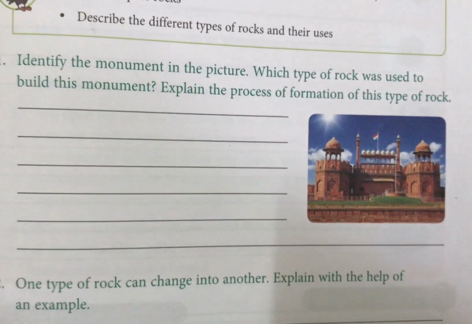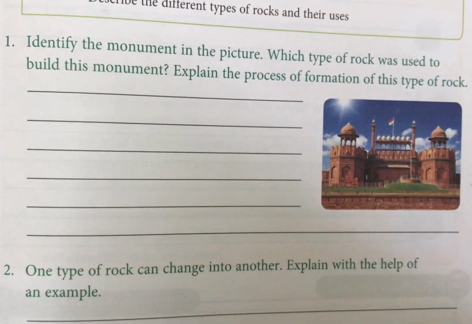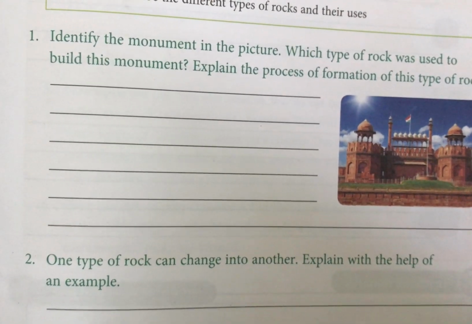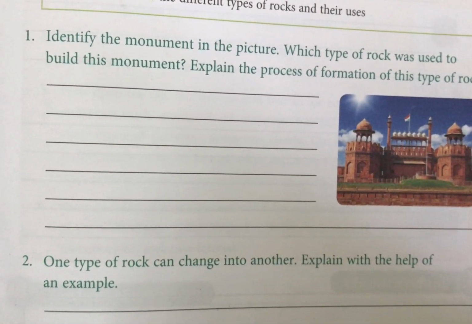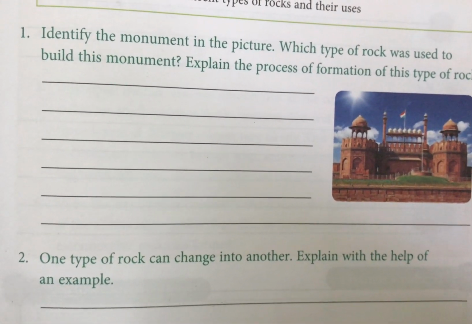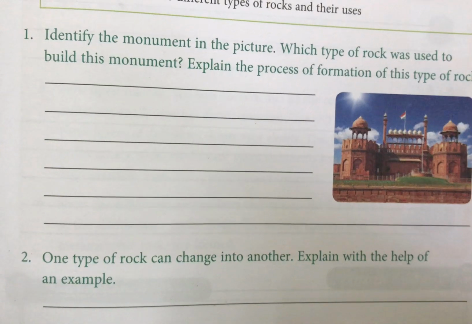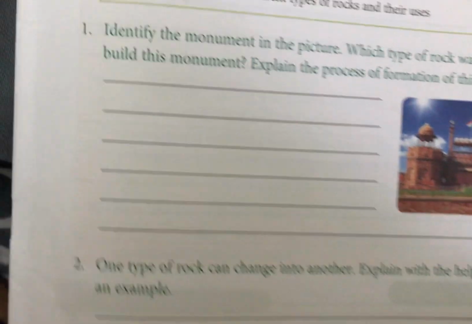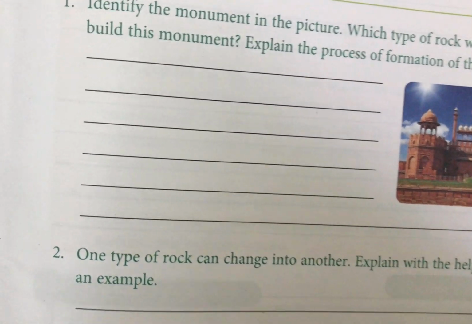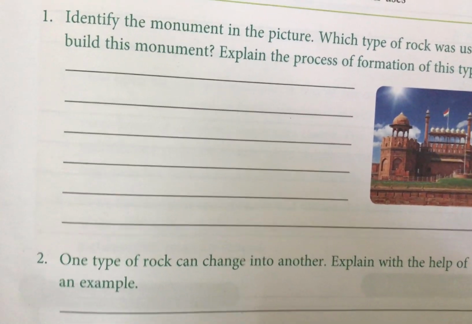So during the explanation of the metamorphic rocks I have already said what happens: the two rocks, igneous rocks as well as sedimentary rocks, both are buried inside the earth, and these rocks have extreme heat and pressure, which ultimately changes the mineral content of both the rocks.